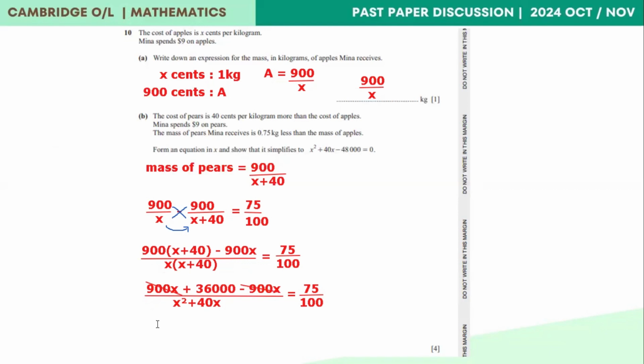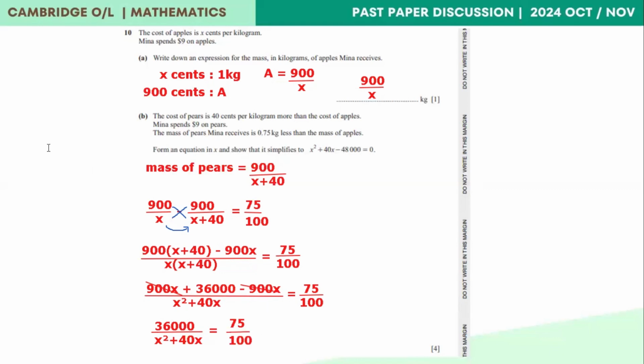So we'll have 36,000 over x square plus 40x, equal to 75 over 100.